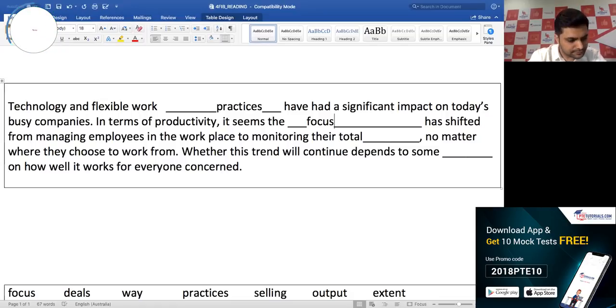Blank. Now, total, we already used focus and practices. So total deals, total way, total selling, total output, or total extent.